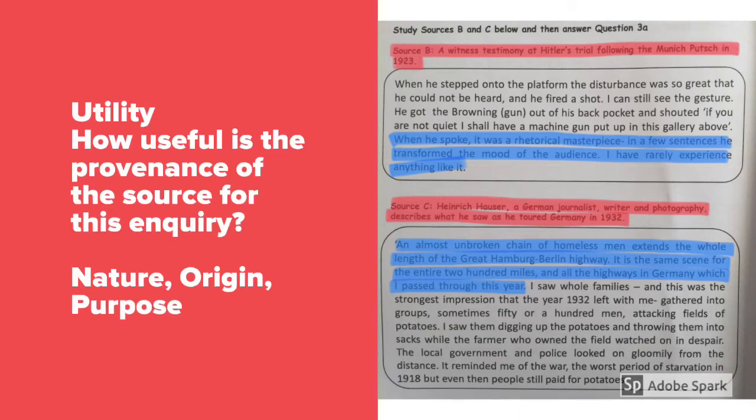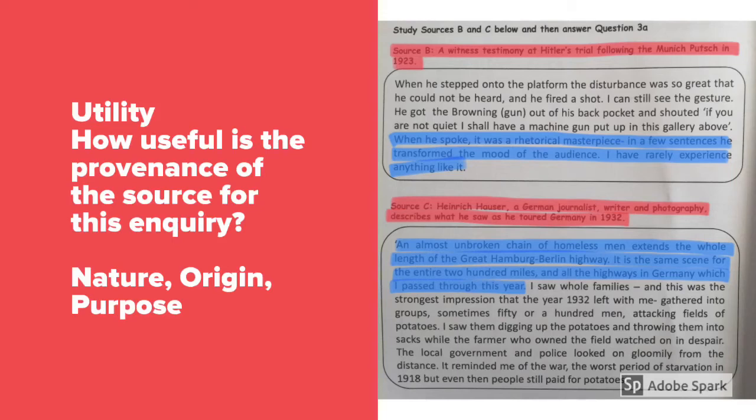So normally witnesses have to tell the truth, they have to be accurate, otherwise the person they're giving evidence against does not get a fair trial. However, you could also argue that the origin of this source, i.e. a witness testimony from 1923, isn't particularly useful for an event that takes place in 1933. If, however, you look at source C, the dates are much closer.